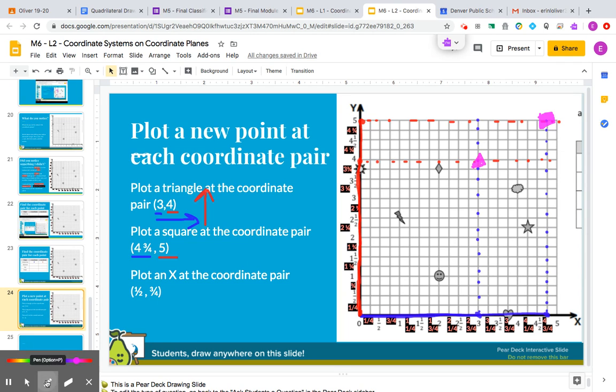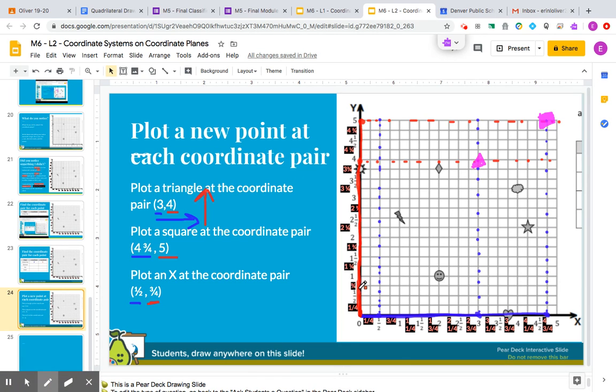And let's do our last one. We need to put an x at 1/2 and 3/4. So let's find 1/2. If I move on my x-axis, it's right here. So I know that that coordinate has to be somewhere along this line. And now let's find our y. Our y is 3/4.